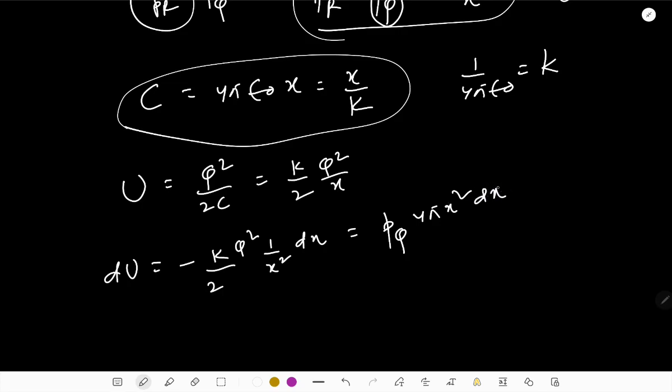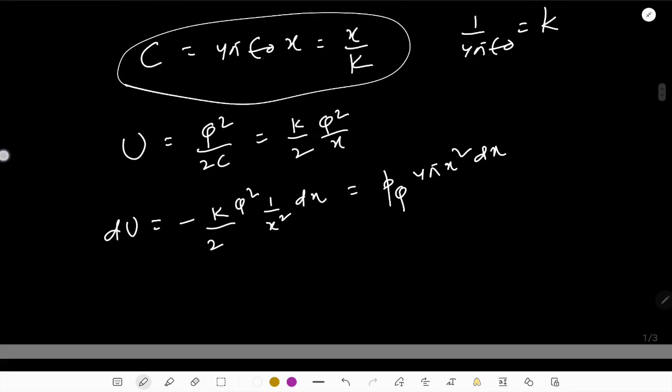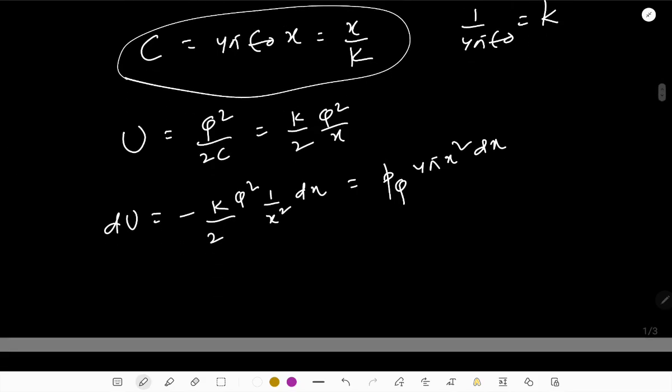So I can find here that P_q will be equal to k q square by 8 pi x raised to 4.